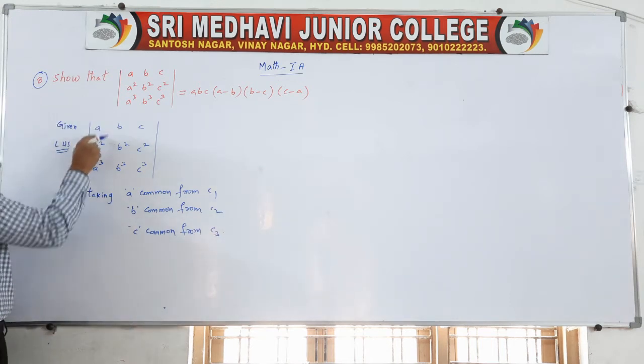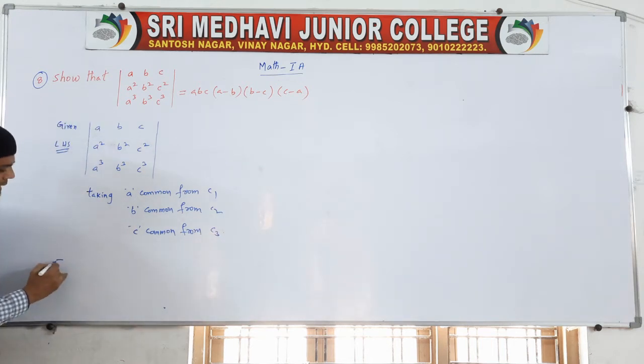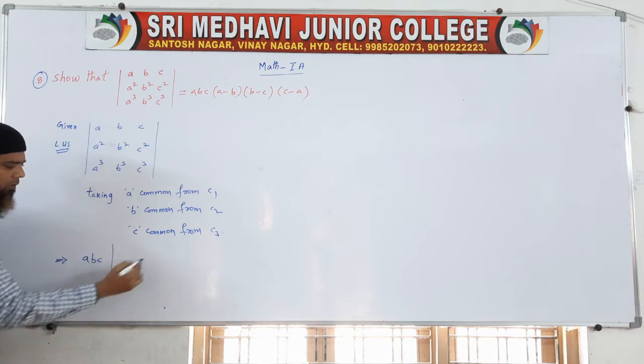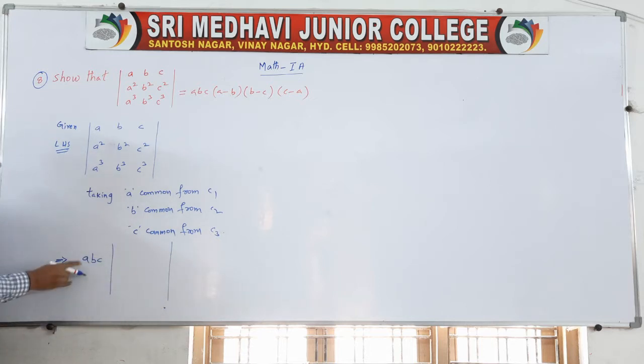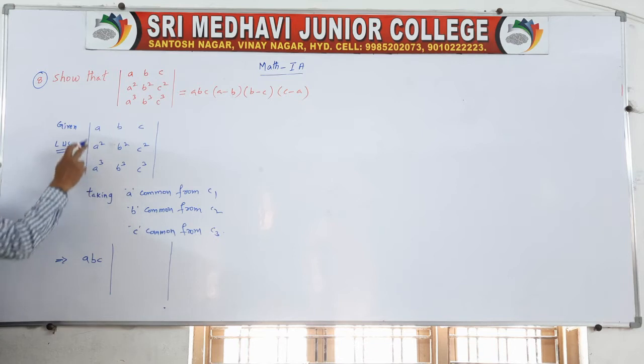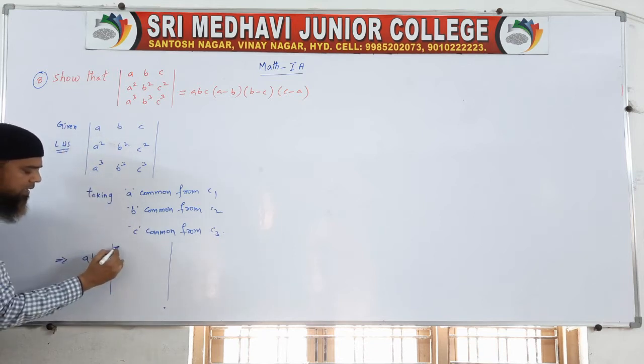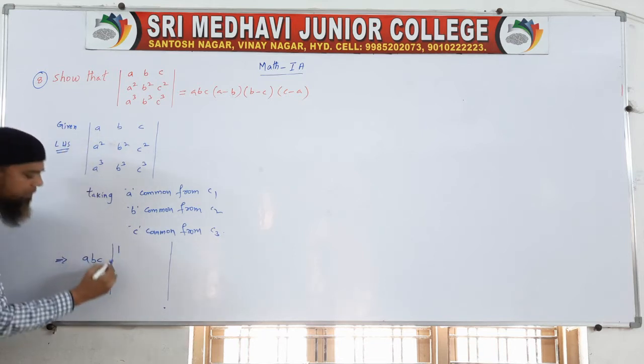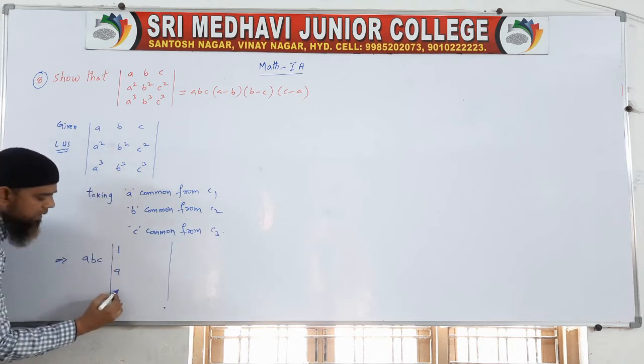When I am taking a common from C1, what happened? You see here, a, b common means b, c common means c. Now write down the determinant. When you are taking a common from this, what happened? In place of a, only one is there, no? So 1, a square means 1 a, a cube means a square.